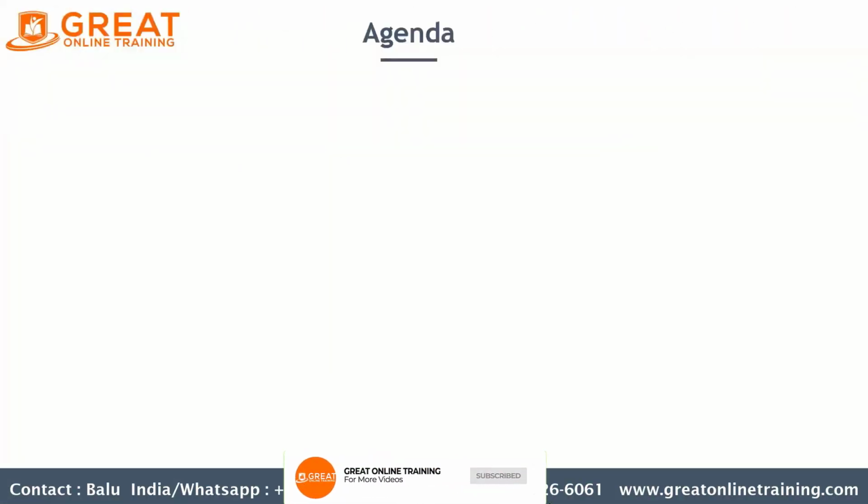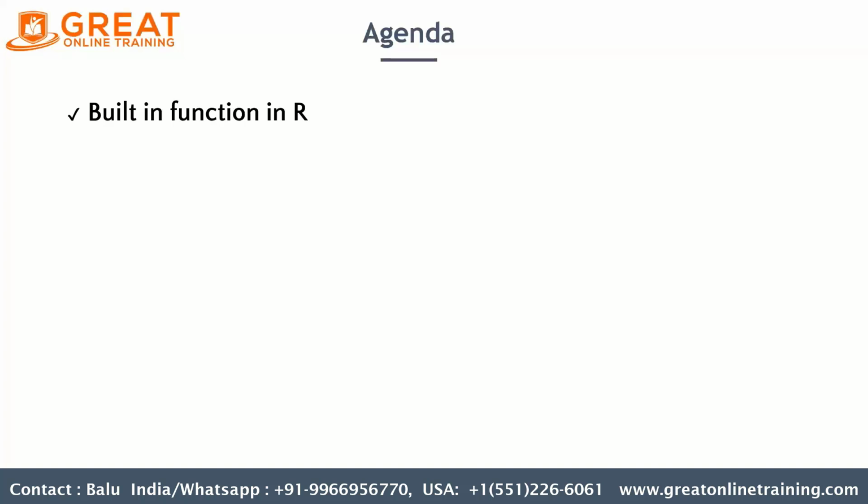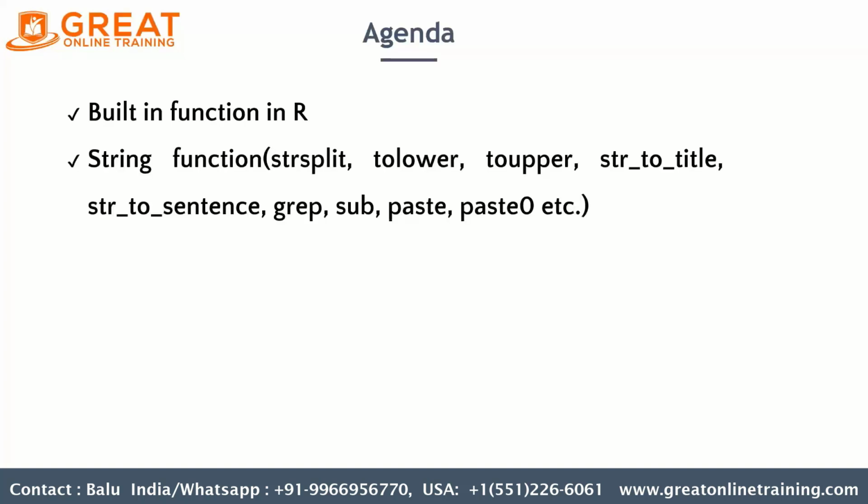In the previous video, we saw the conditional statements like switch, if, for, while, and their examples. Today we'll see some built-in functions in R. There are three types of built-in functions. First is string functions: strsplit, tolower, toupper, str_to_title, str_to_sentence, grep, sub, paste.